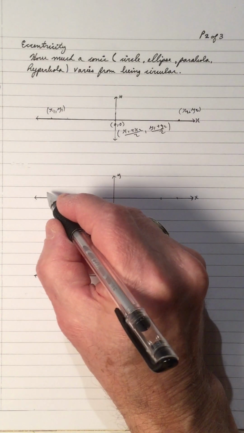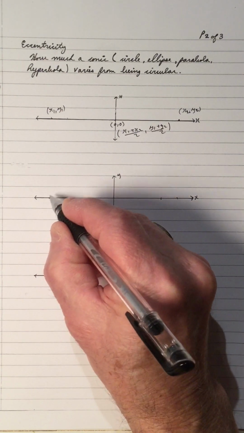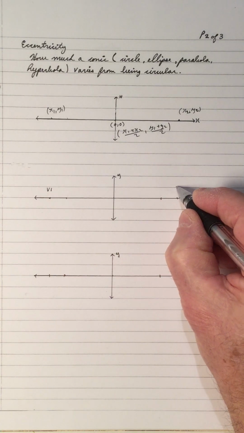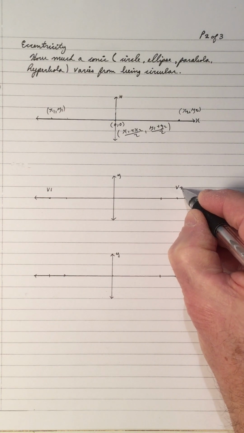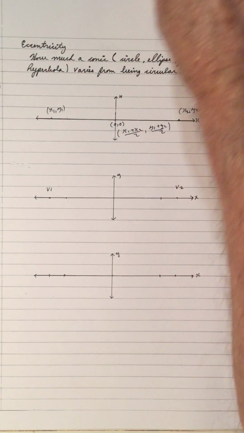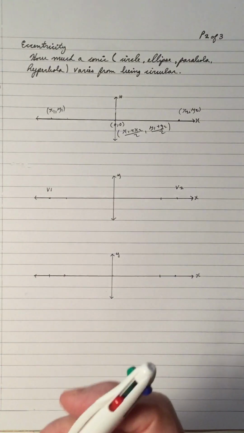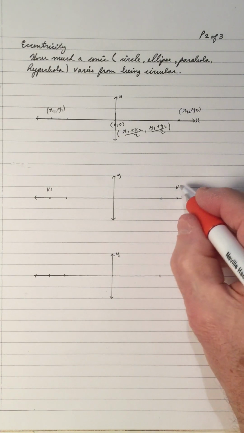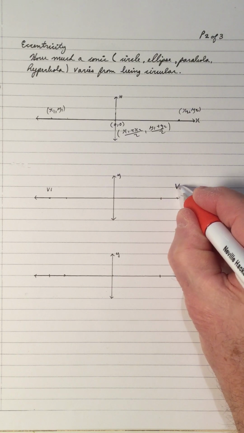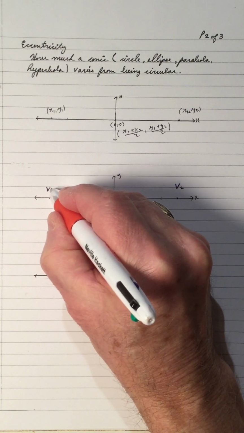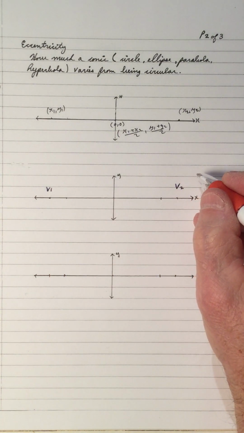Let's look at it further. Let's call this point right here a vertex. I'm going to call it vertex 1, and this point over here vertex 2. I'm going to use the blue that's on this pen and do my vertices in blue.